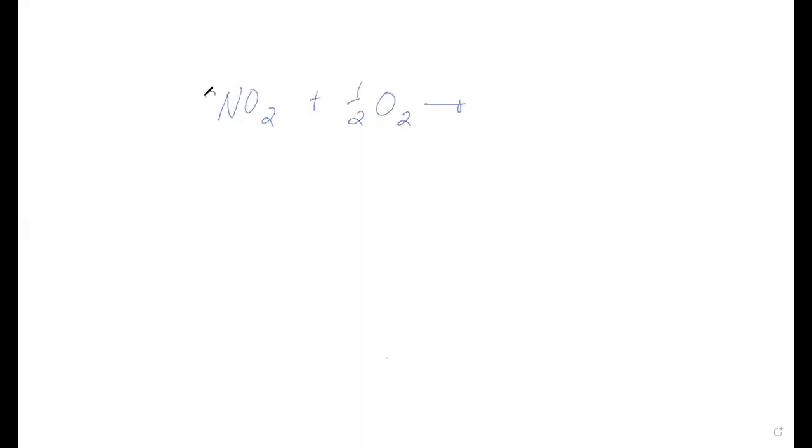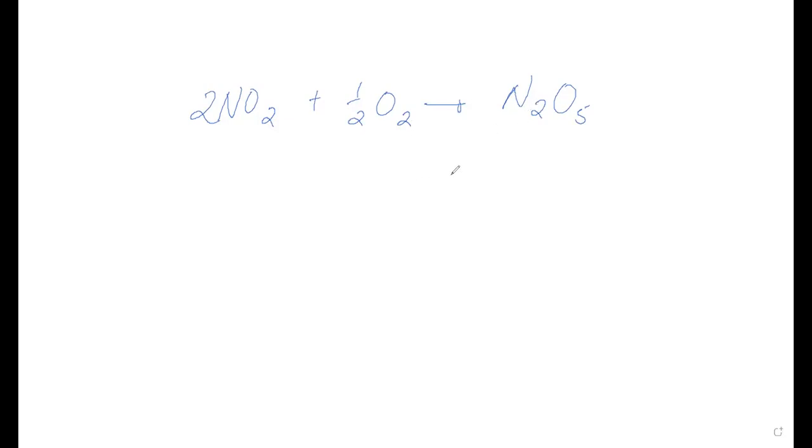So we have 2 moles of this and forming 1 mole of dinitrogen pentoxide. So this is our stoichiometric equation, Jules. And the problem is not asking you to determine any specific quantity, but rather you set up an equation that will illustrate the relationship between the rates of formation and disappearance of the 3 species that you see. Now, the 3 species that you see are NO2, O2, and N2O5.